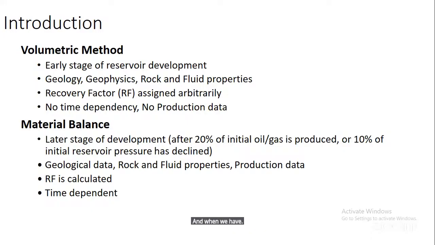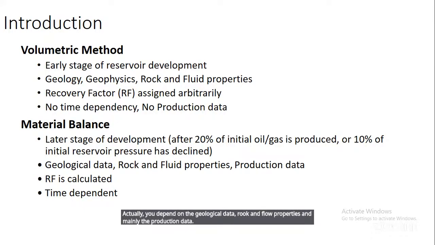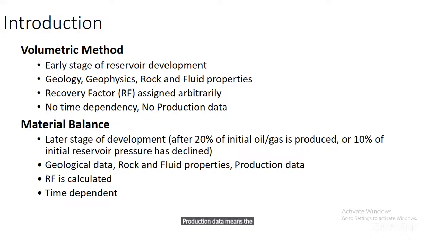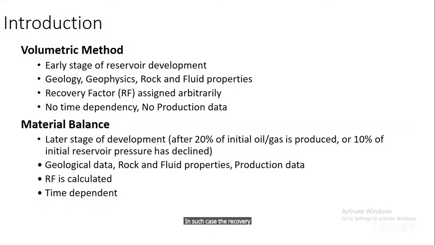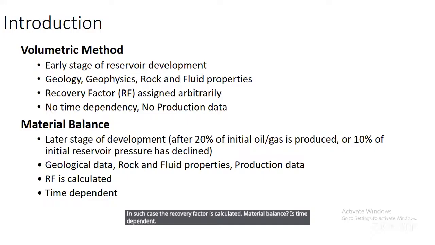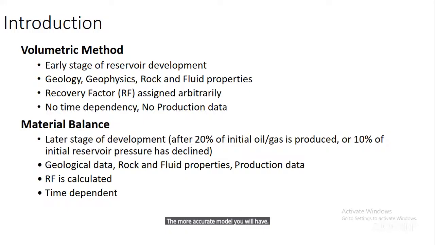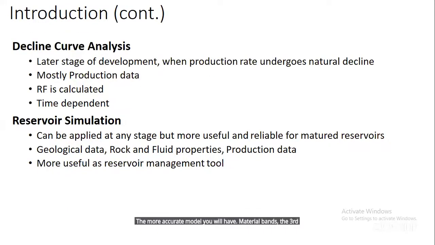When you notice that you have reservoir depletion, you would depend on the geological data, rock and fluid properties, and mainly the production data. Production data means oil production, gas production, water production, and reservoir pressure performance. In such case, the recovery factor is calculated. Material balance is time dependent, so the more time you have produced, the more accurate a model you will have in material balance.